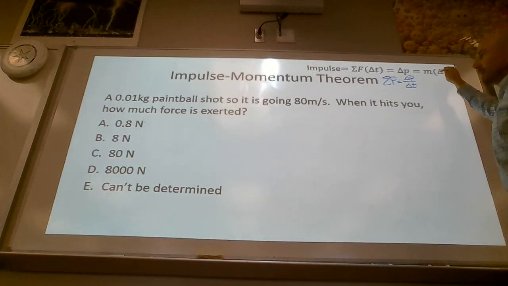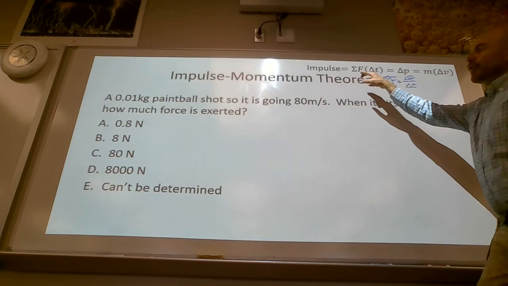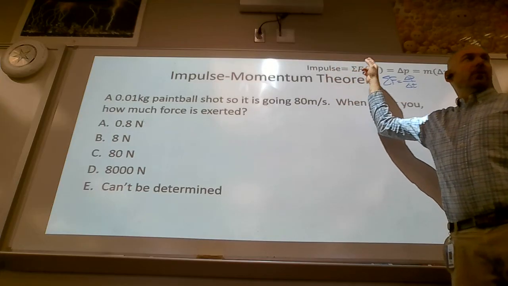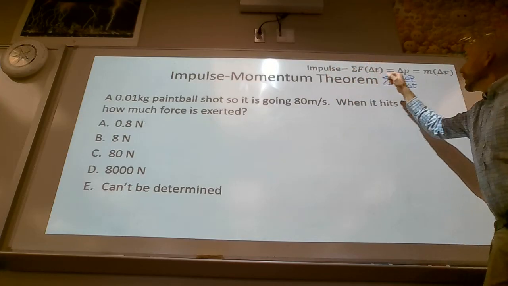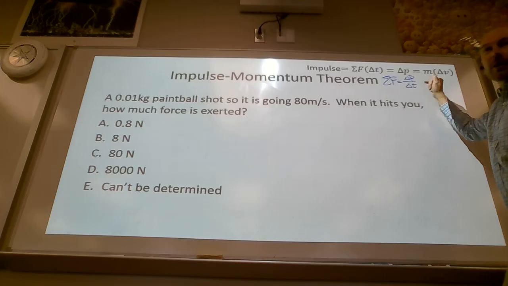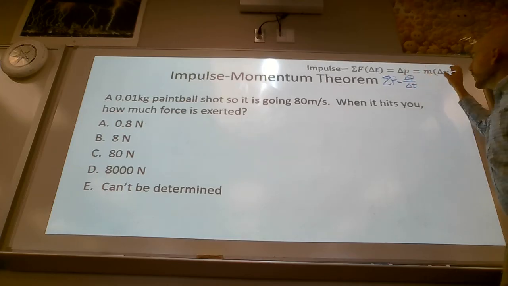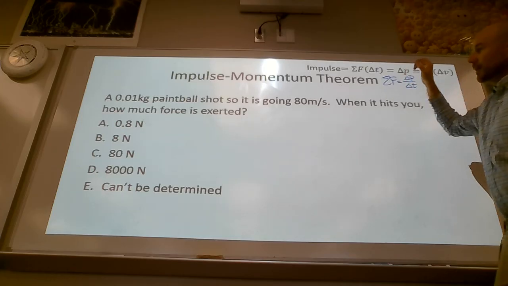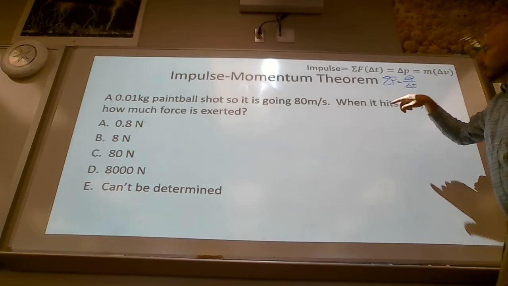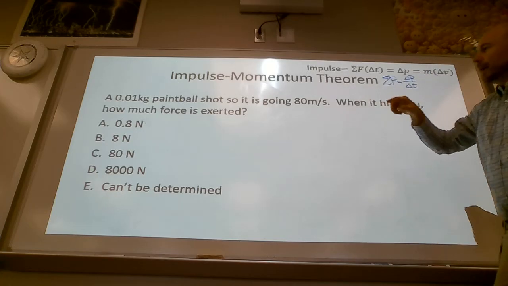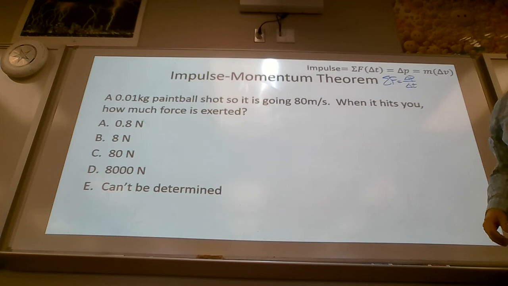It went from fast to zero. Therefore, you'll know your impulse, but in order to figure out your force, you need to know how long it took to change from going from 0.8 to 0. Good with that?